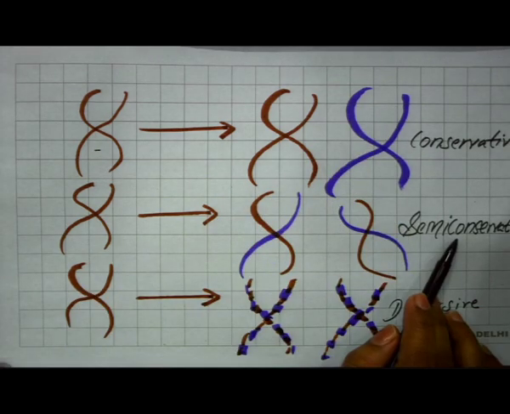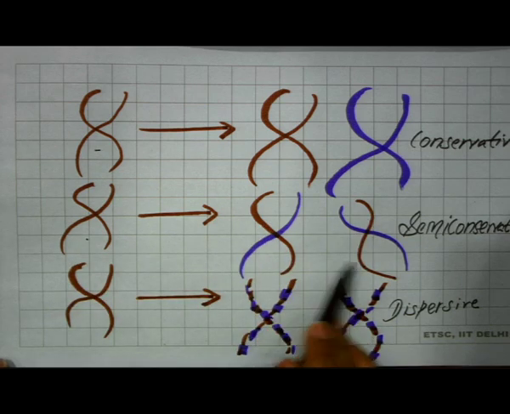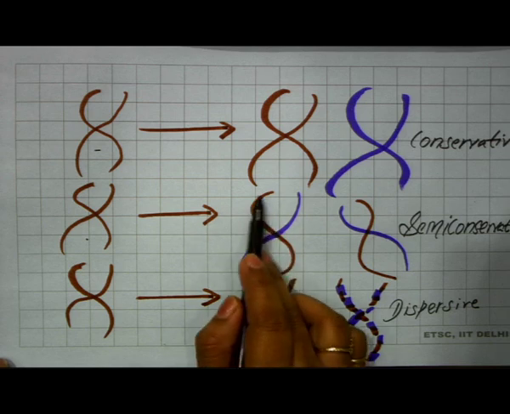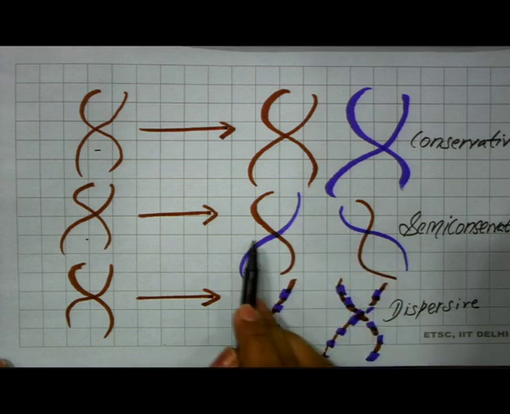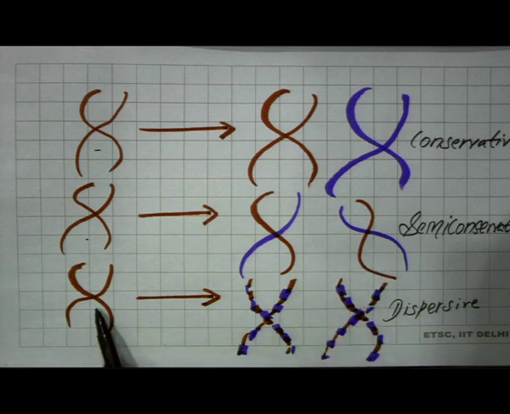In case of the semi-conservative model of replication, the parental DNA will get separated out and the separated single stranded DNA will act as a template, and this single strand DNA will be copied in both the daughter DNA and they will form two daughter DNA. And in case of the dispersive model, the parental DNA will get fragmented and each fragment will act like a template, they will be copied to make two daughter DNA.